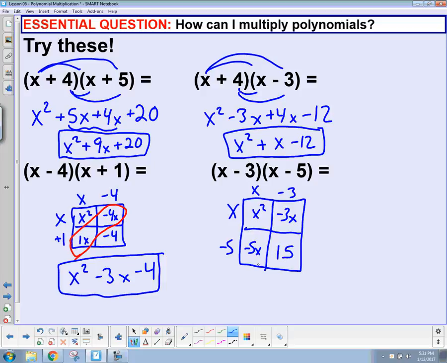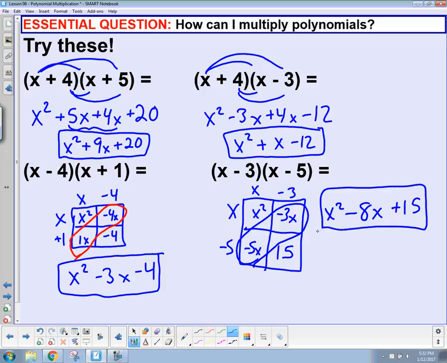Again, add your like terms. So x squared minus 3, 5, that's negative 8x, plus 15. Put a box around it, boom. Again, you pick your favorite. Either you pick the FOIL method or the Punnett squares, okay?